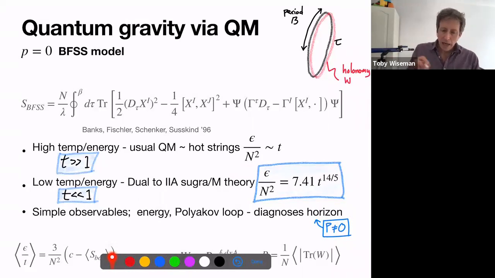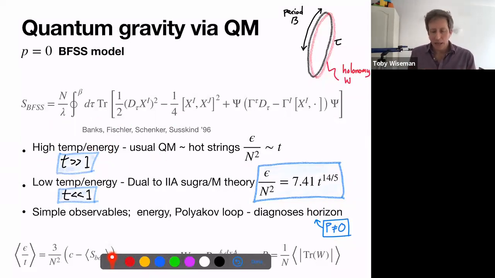Let's start with the simplest case, which is the P equals 0 model, the old BFSS model. This is going way back. The BFSS model is just the quantum mechanical version of this: gauged quantum mechanics. The idea, again, is that at high temperature it's going to behave just like quantum mechanics.